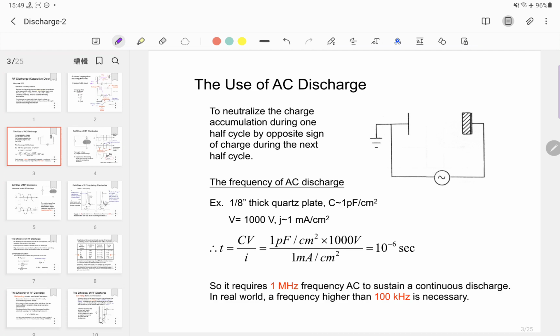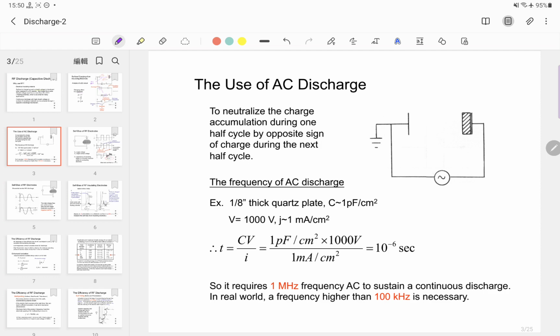Okay. But in industry, in order to generate a continuous plasma by using an RF power supply, the frequency of the RF must be in the megahertz range. Okay.